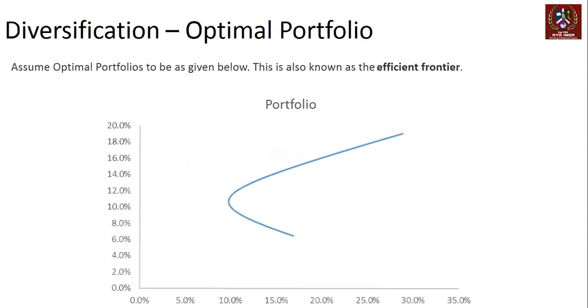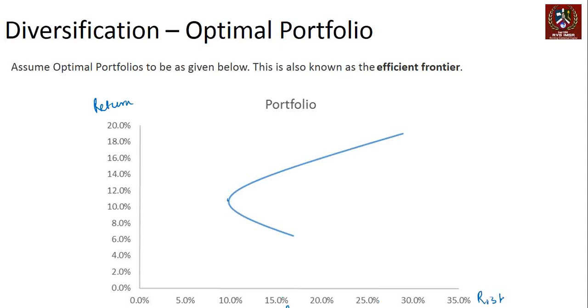Let's again go back to our portfolios, the list of optimal portfolios that was there. And just for argument's sake, let's say we have a portfolio that looks like this. This is not similar to the earlier portfolio that we had, but something that has a certain return and a certain risk.